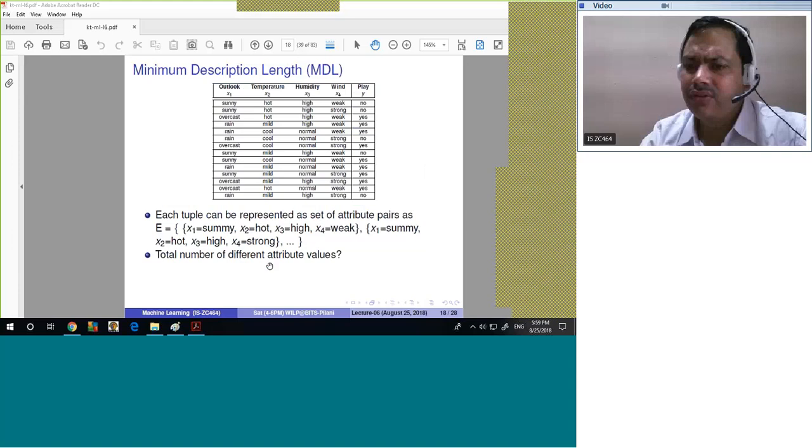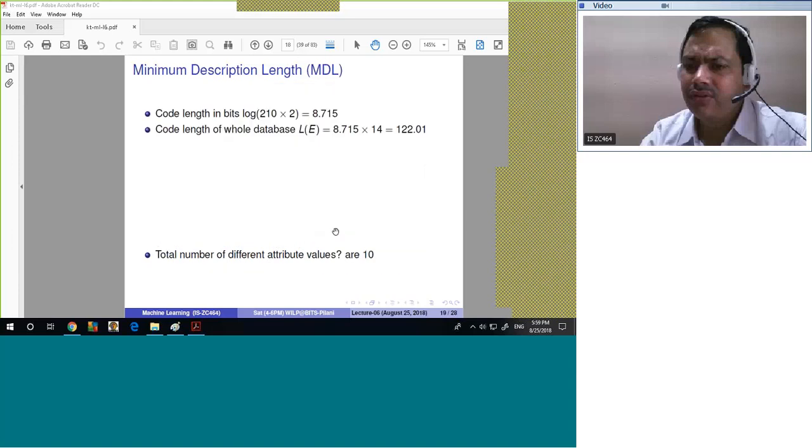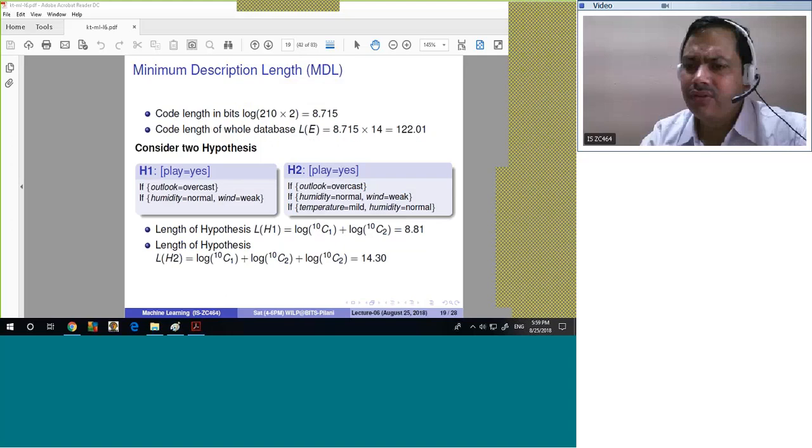So we have seen an example where we had some data, and we showed the maximum number of bits required to store this data is 122 bits. We have seen two algorithms, and to code the first hypothesis we need 8.81 bits. To code the second we need 14.30.